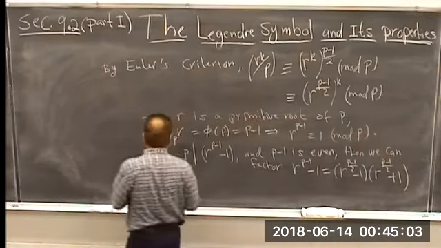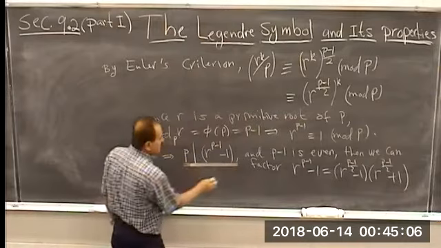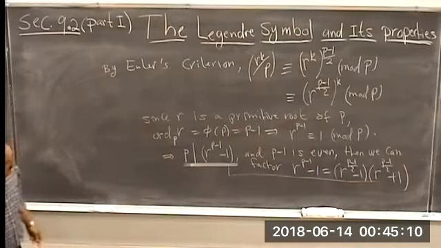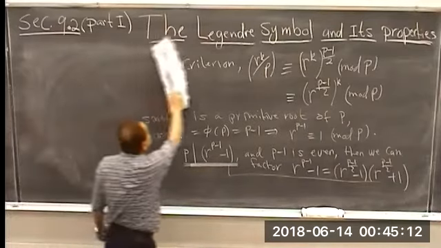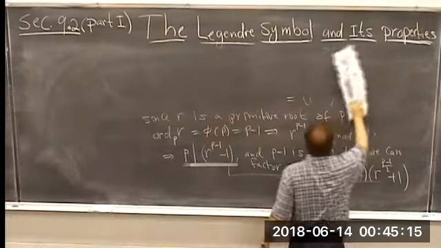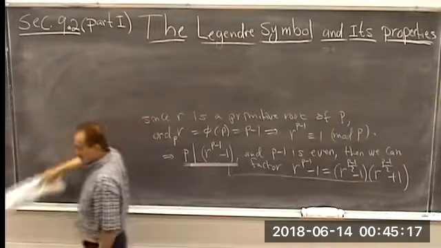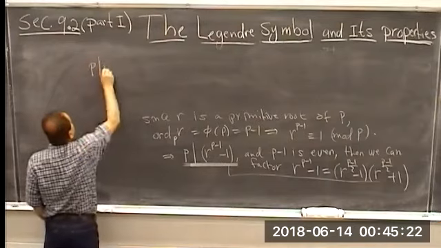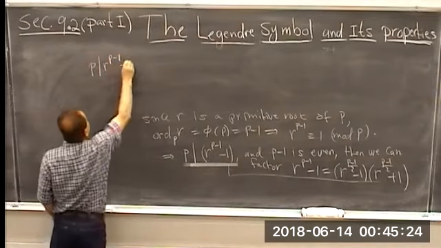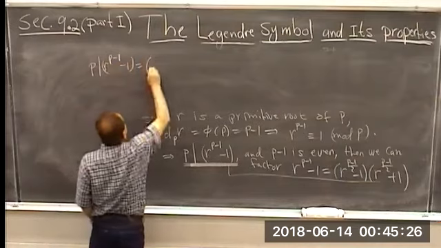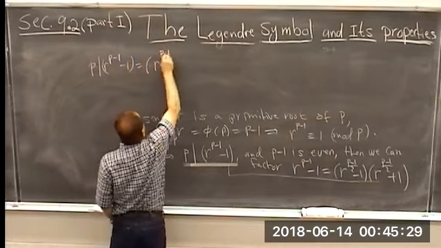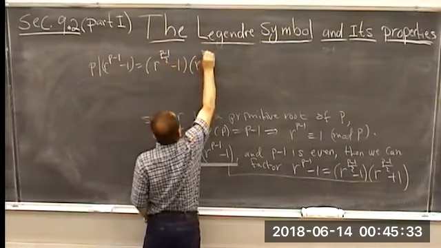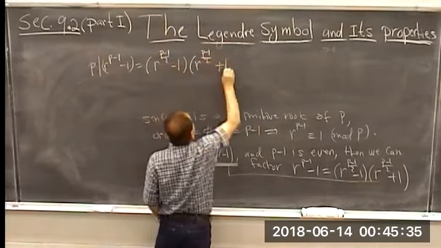Now let's write this divisibility using this factoring. So we have P divides R to the P minus 1 over 2 minus 1, times R to the P minus 1 over 2 plus 1.